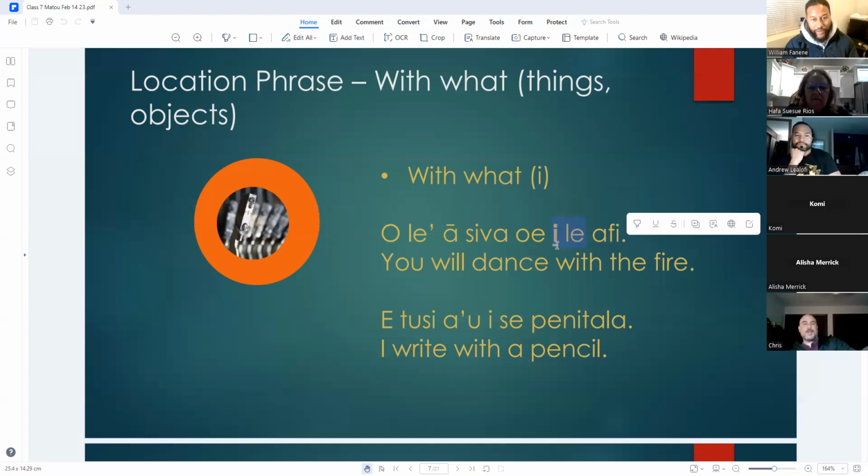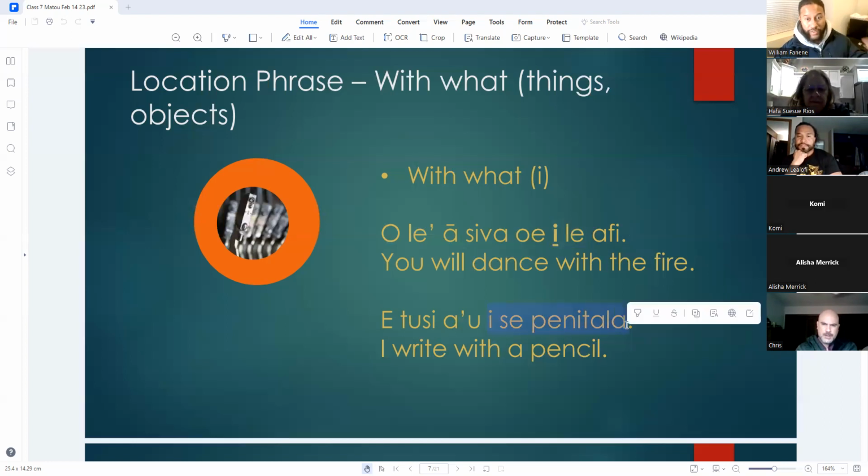So etusia'u isipenitala. So I write with a pencil. And there's other ways to say this. So I probably wouldn't say etusia'u isipenitala, but this is where we're at in terms of our lesson so far. So I write with a pencil.